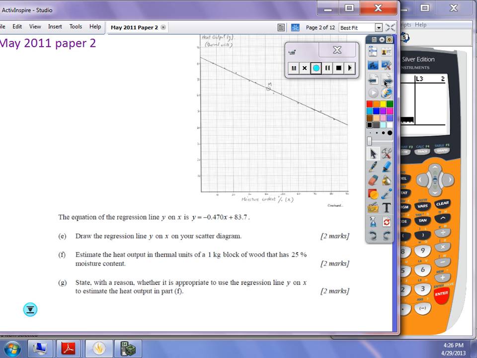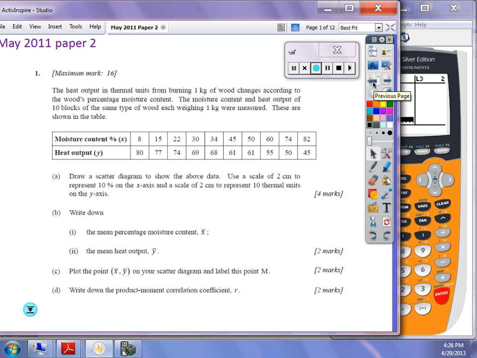The second part of the question asks you to write down the mean percentage of moisture content and the mean heat output. Those values, when it says write down, are taken directly from your calculator.